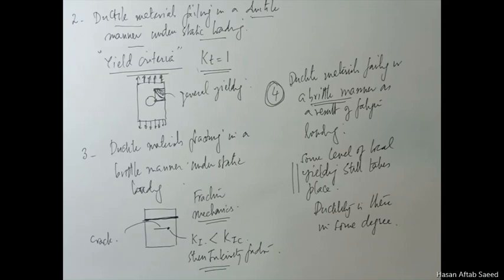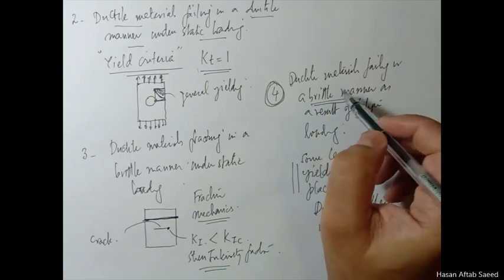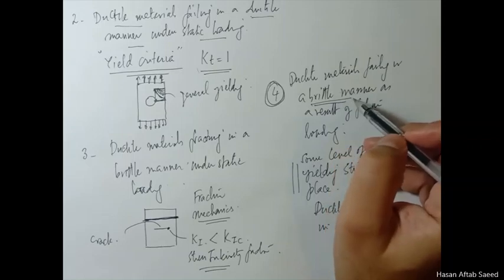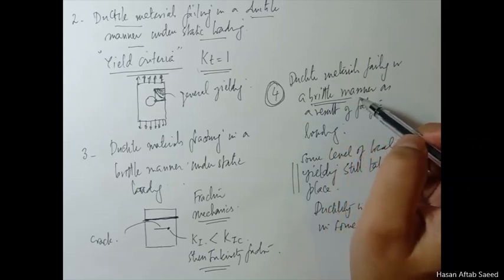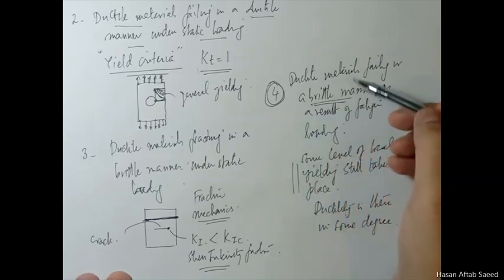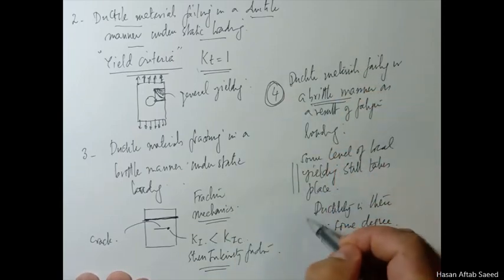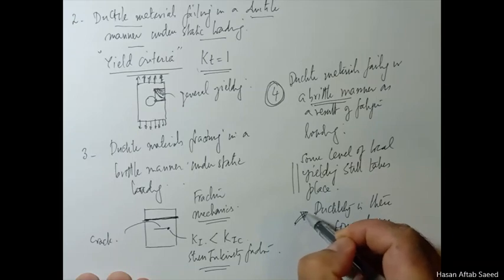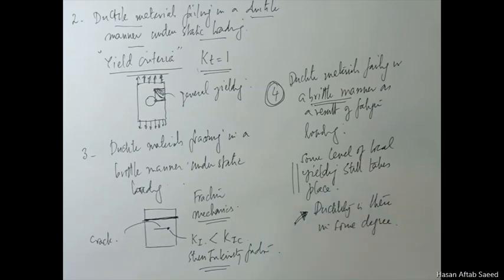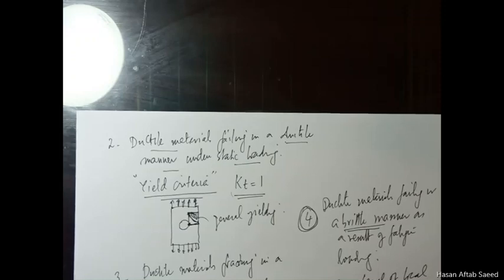So you cannot completely deal with it like a material which is completely brittle. Although the failure on the whole is a brittle failure, some ductility is there. Now how much ductility is there?